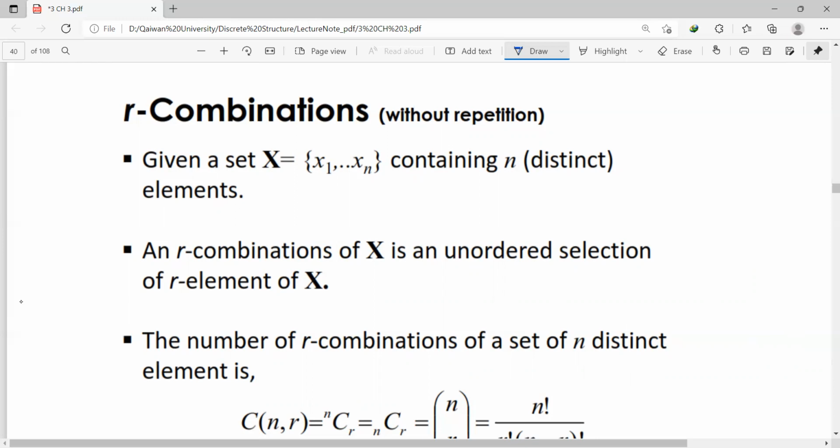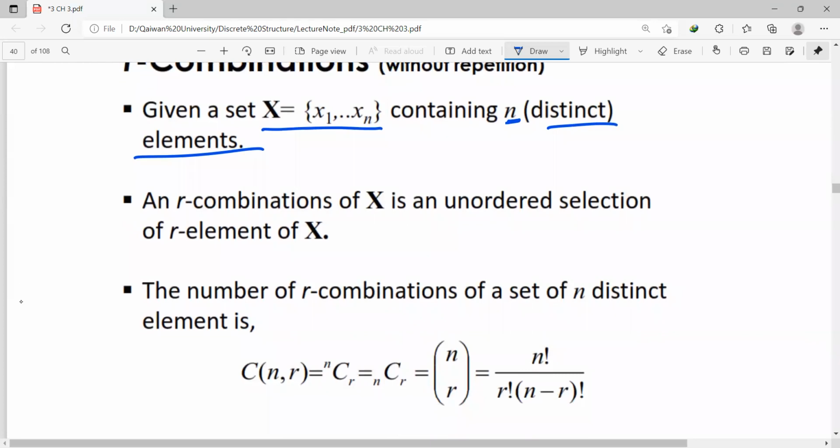Here, if we have the set X to be X1 up to Xn, containing n distinct elements, we say an R-combination of X is an unordered selection of R elements of X. We don't care about ordering here, but for permutations, we care about it.